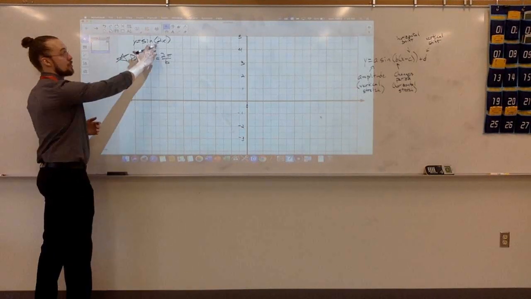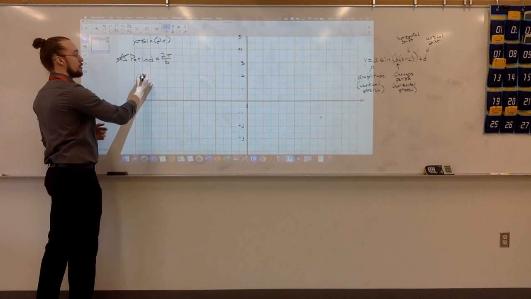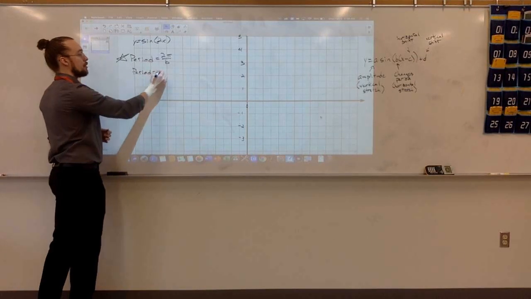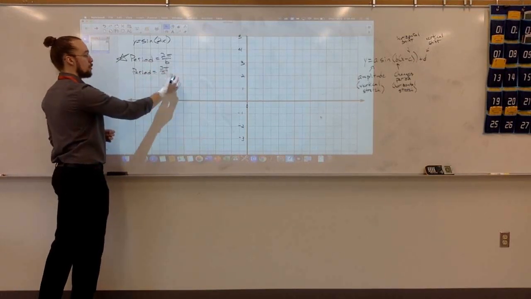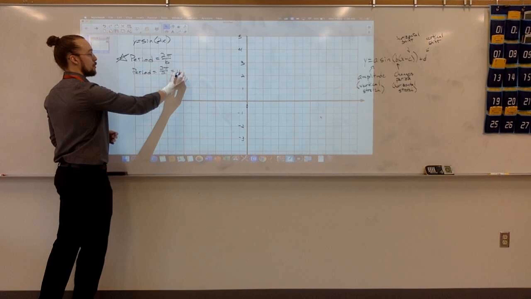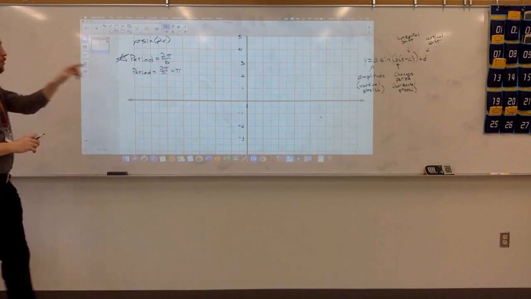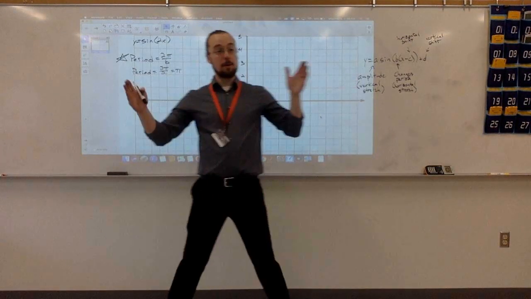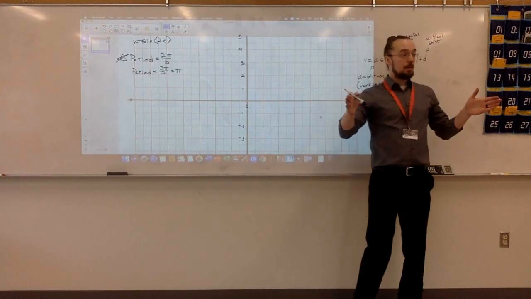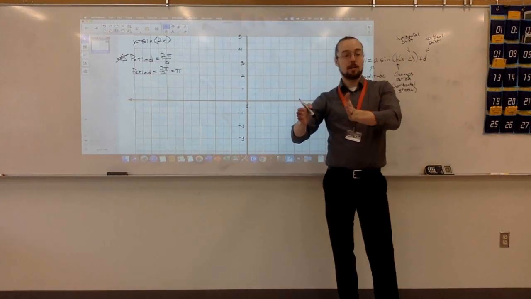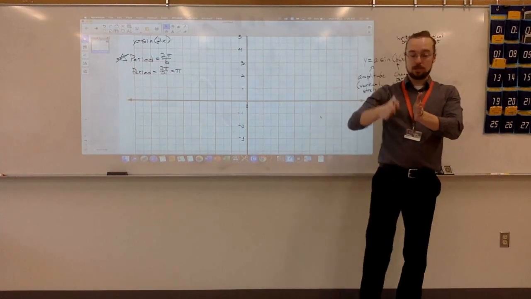So for this specific function, my period is going to be 2 pi over 2, which would just be pi. Okay? So what that means, okay, normally my period is 2 pi. This function is saying, well, I'm going to shrink that, and one period is now going to occur just between 0 and pi.